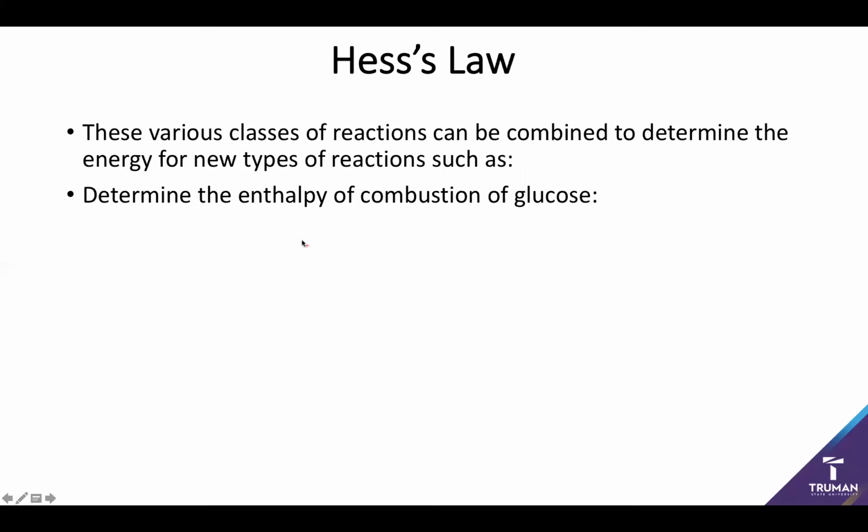We can see this by looking at the enthalpy of combustion of glucose. Say, instead of figuring out the enthalpy of combustion of glucose producing liquid water, I want to see what the energy change is if I'm producing steam.